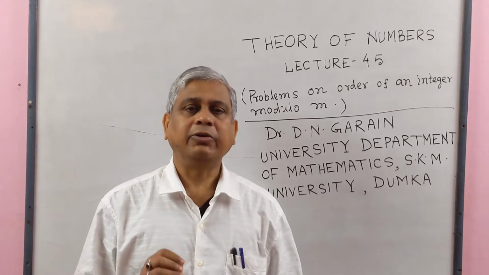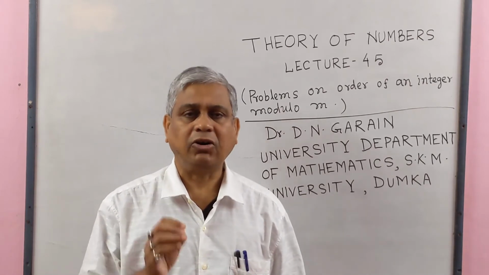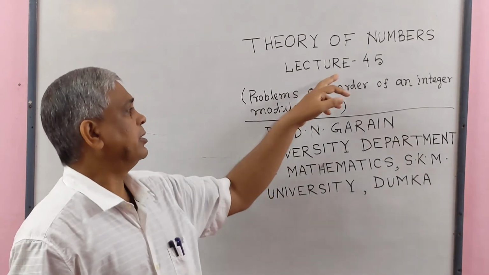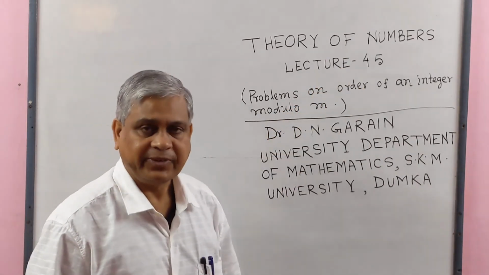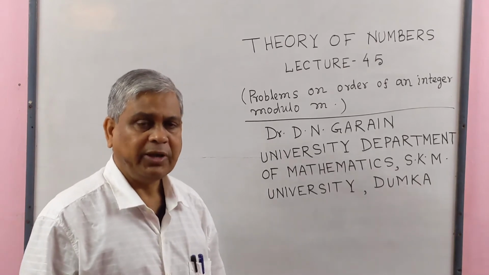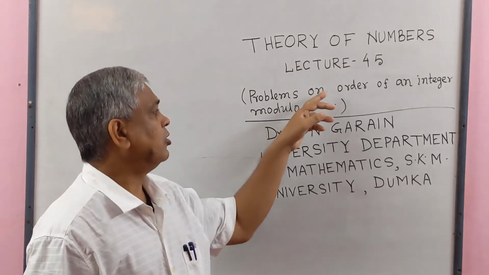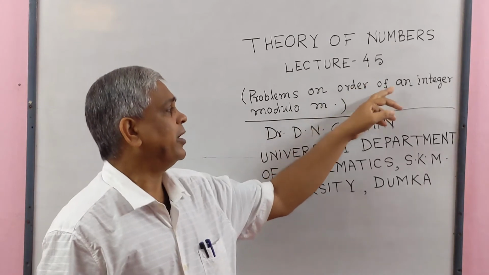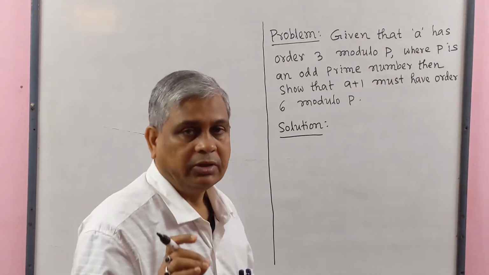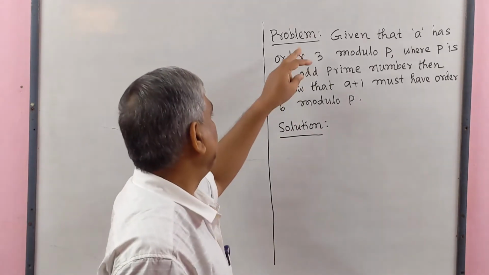Today, I will tell you our lecture on theory of numbers, lecture number 45, in which I will solve some problems on order of an integer modulo m. Now we solve a problem.